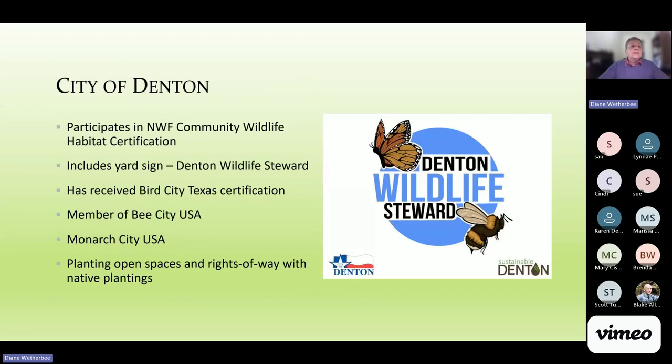City of Denton has a National Wildlife Federation Community Wildlife Habitat certification. Again, it includes a sign. It really helps to have these signs in your yard. They just received their Bird City, Texas certification, and part of that is having native plants that will attract birds to your yards.